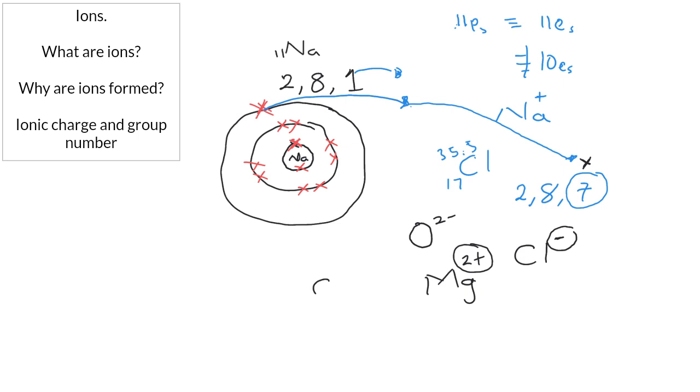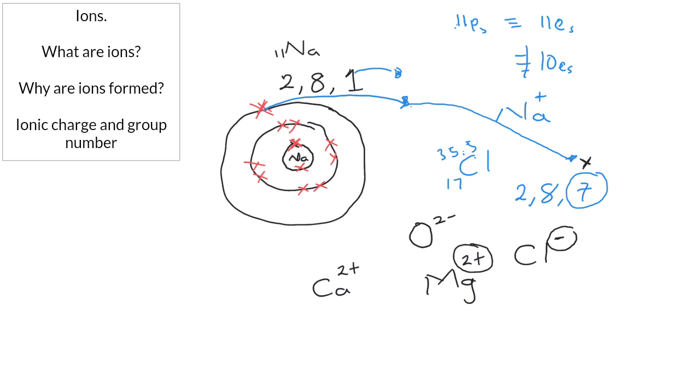The same thing goes for calcium. It's going to be 2+. It has lost 2 electrons. So these are the ways in which we can look at how ions are formed.